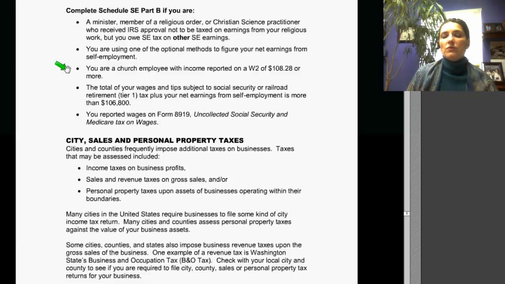Or you are a church employee with income reported on a W-2 of $108.28 or more. Or the total of your wages and tips subject to Social Security or railroad retirement tax plus your net earnings from self-employment is more than $106,800. Or you reported wages on Form 8919, uncollected Social Security and Medicare taxes on wages.